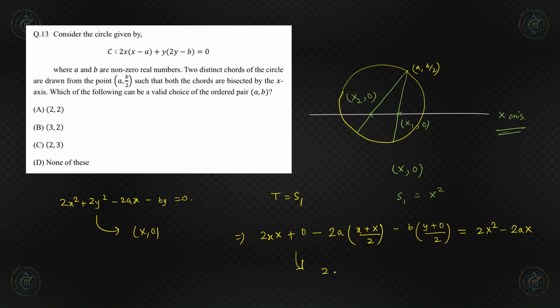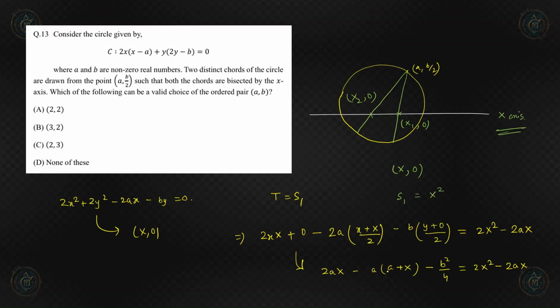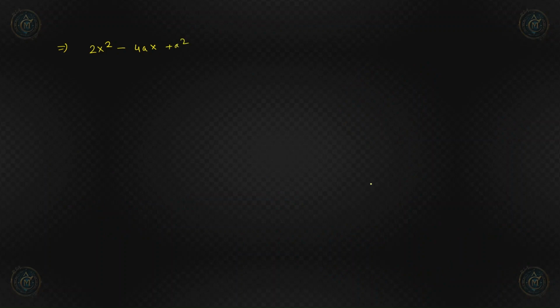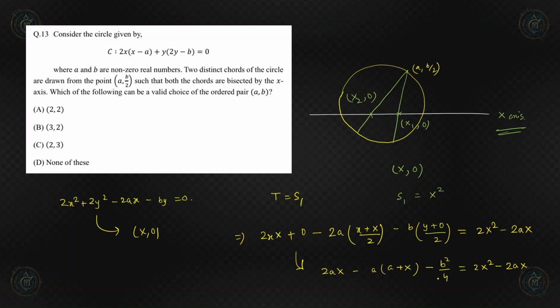So we get 2 times a capital X minus 2a times (a plus capital X) divided by 2, so this 2 we can cancel, minus b squared by 4 equal to 2 capital X squared minus 2a capital X. So from here we can write 2 capital X squared minus 4a capital X, then we have minus a squared, so this will be plus a squared, then we have minus aX, that means plus aX, and we also have this plus b squared by 4 equal to 0.